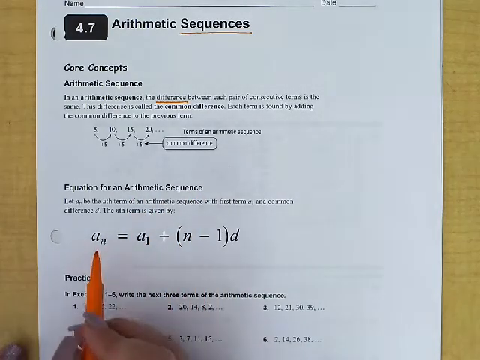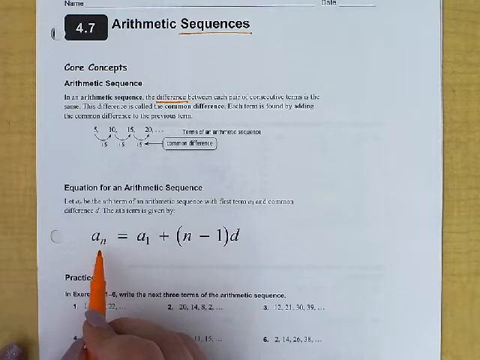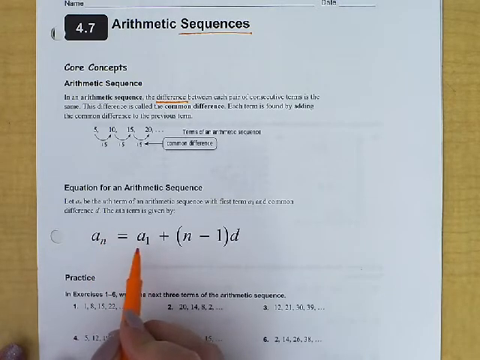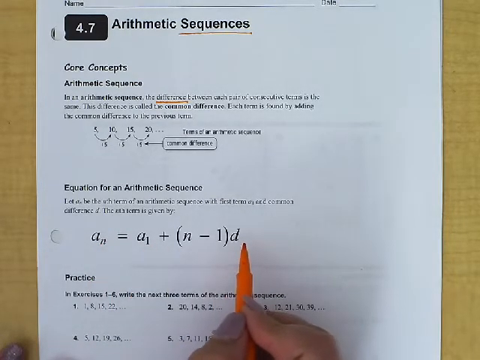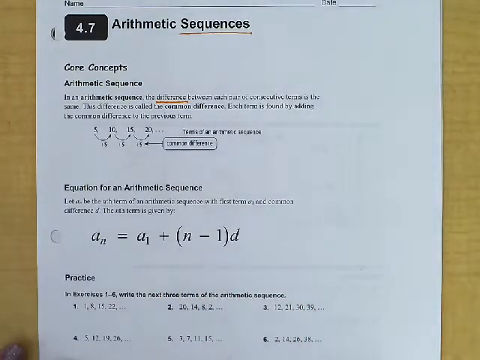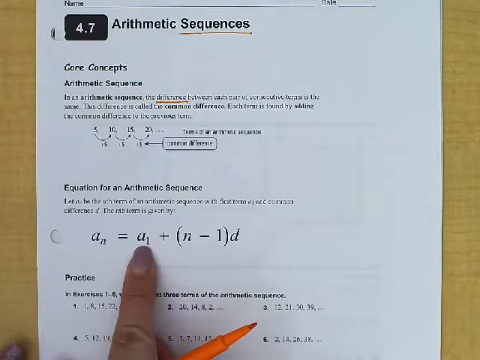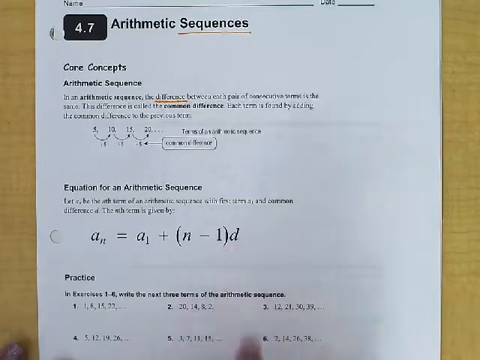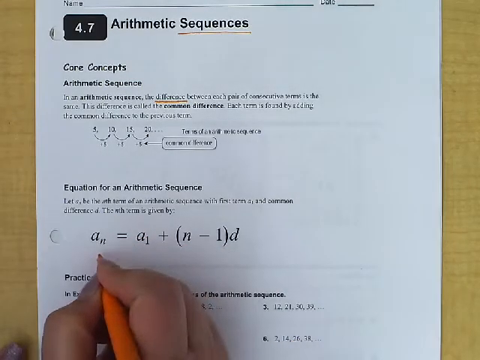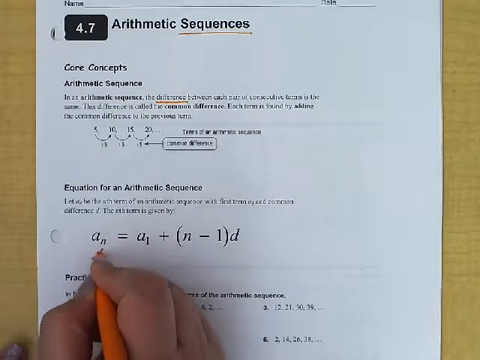You're going to let a sub n be any nth term in the arithmetic sequence that you might be interested in finding. And as long as you know what the first term in the sequence is and what that common difference is, that's all you need. Just like before with the geometrics, basically you need to know what you're starting at and what the pattern is. So just a couple of reminders here, write these down.